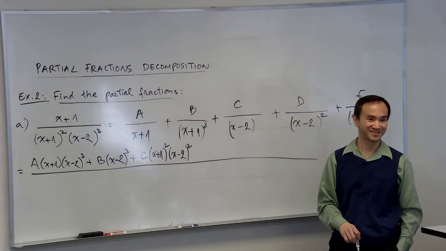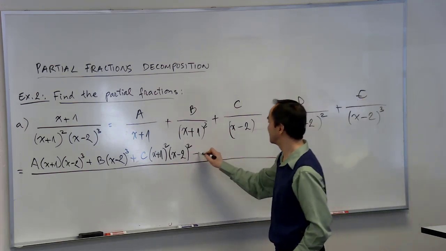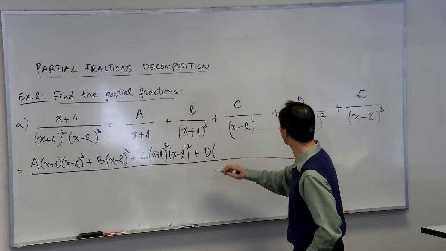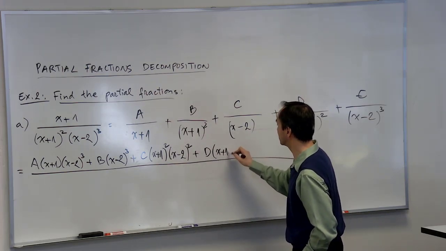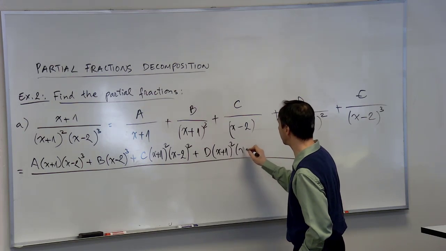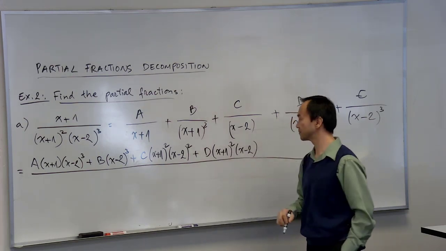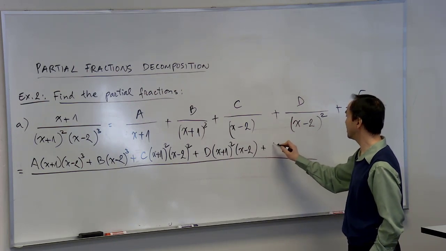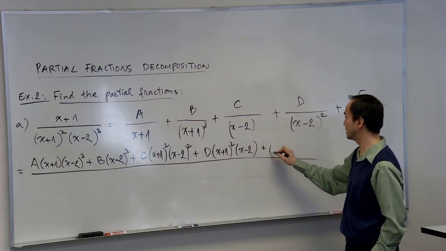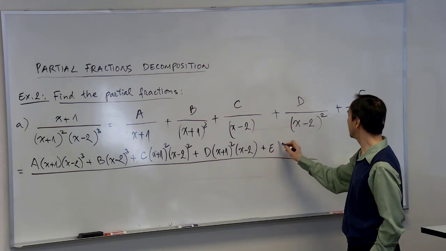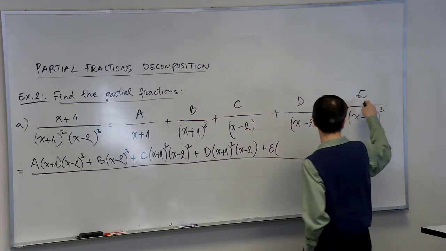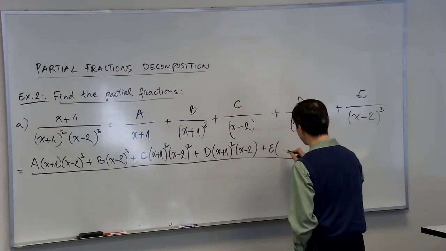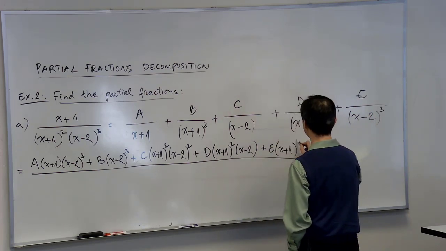Sounds good? And then for D right here, I'm going to need to multiply with x plus 1 squared and another x minus 2. For the last one, E, E was already on top of x minus 2 all cubed, so I'm going to multiply with x plus 1 all squared.